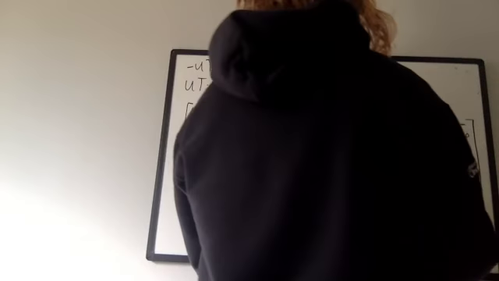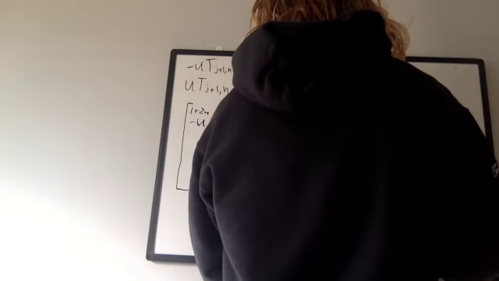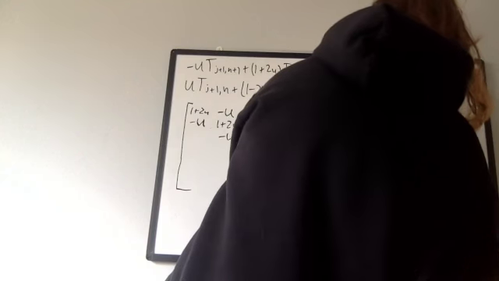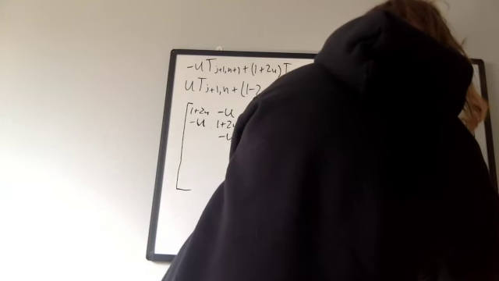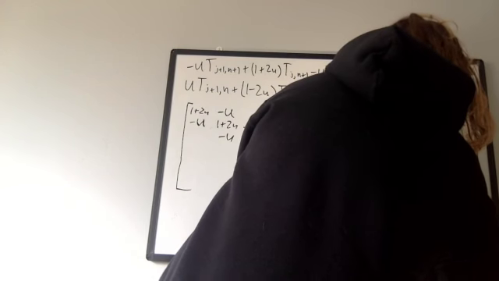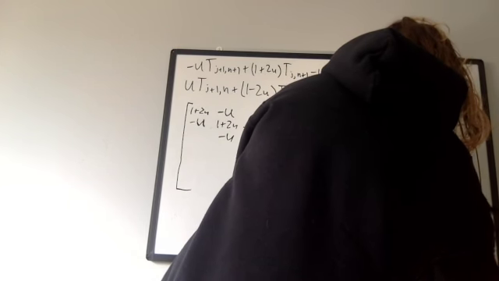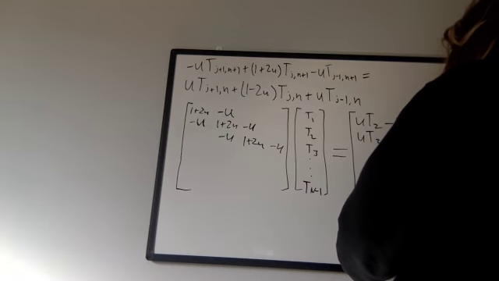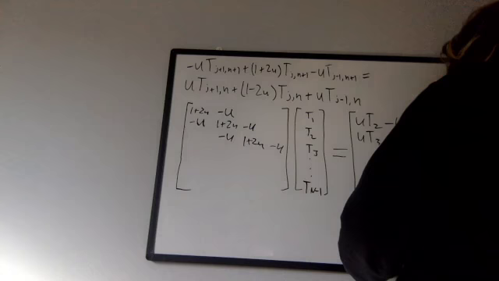So this will become UTn, and then it goes down from there to n minus 1 and n minus 2, because again, it goes down by 1 as you move further along. So this is 1 minus 2u of Tn minus 1, and then plus u of Tn minus 2. And there you have it.